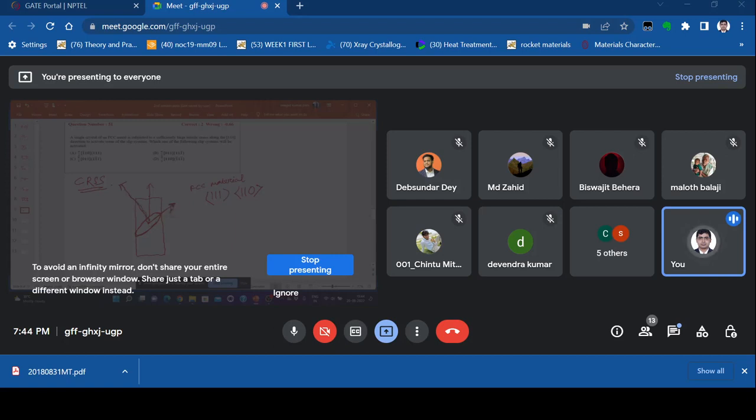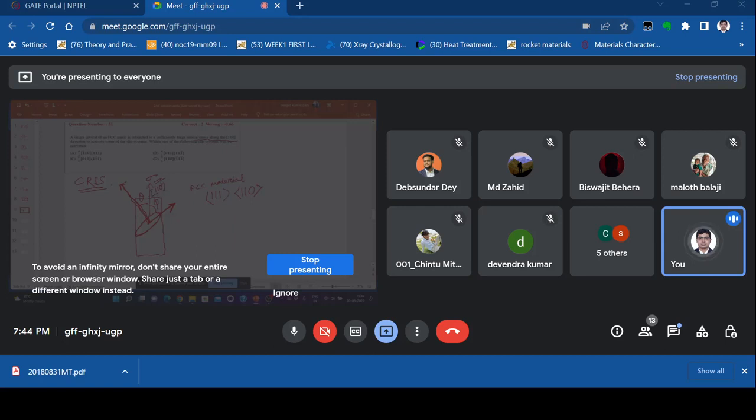This is the slip direction that lies in the slip plane. This is the normal to the slip plane, one angle we have, and this is the direction in which we are loading. Here it is given that the tensile stress is along the 110 direction.